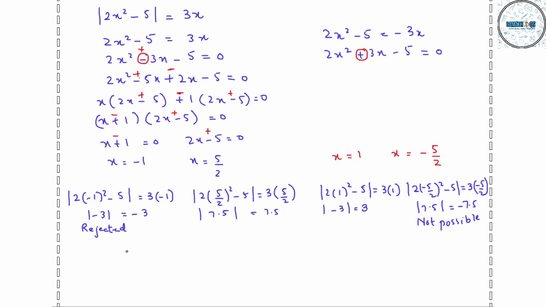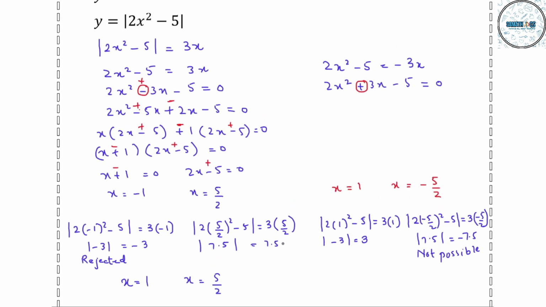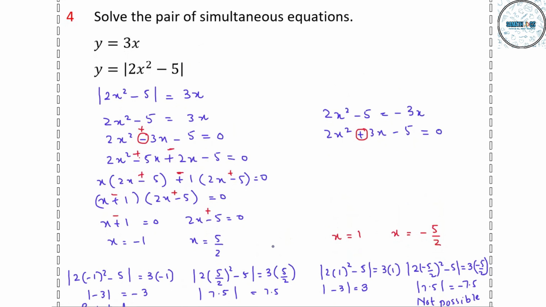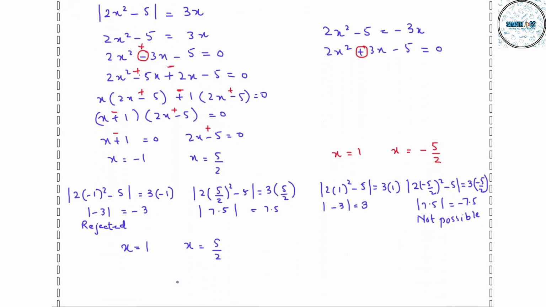Now we have two values, x is equal to 1 and x is equal to 5 upon 2. As we have to solve the pair of simultaneous equations, it means that we have to find out both values of x as well as values of y. So now we will take out values of y.